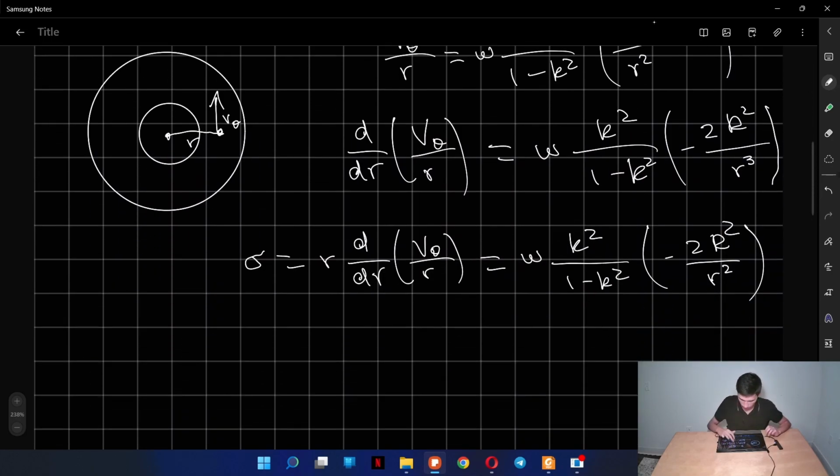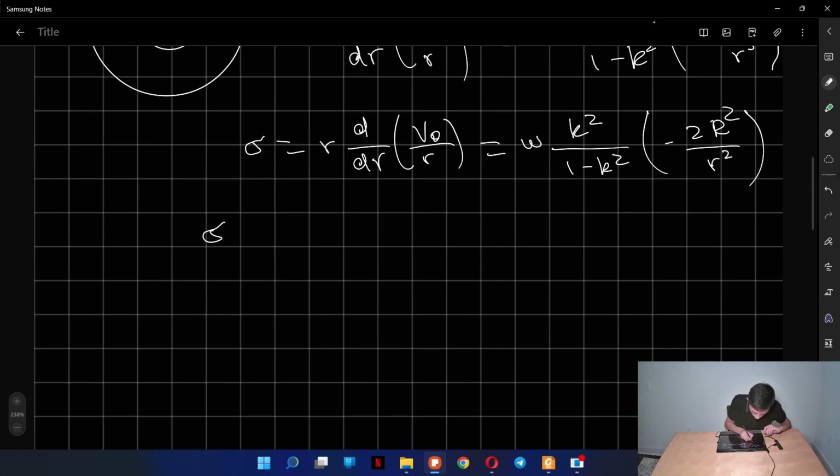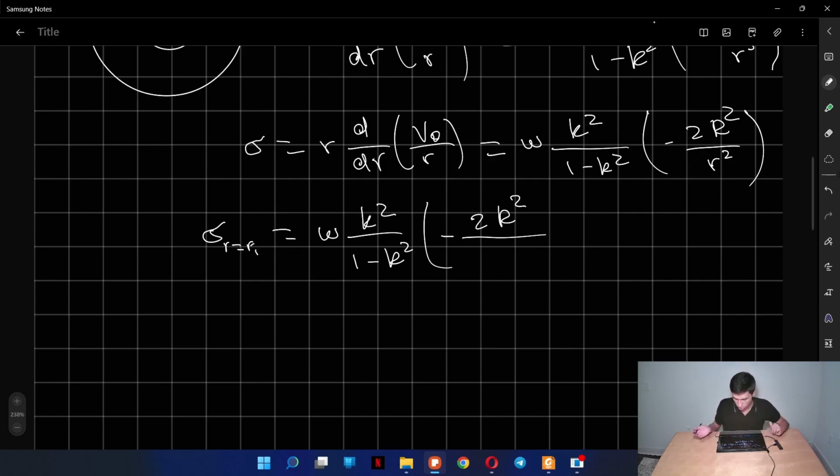When we find the shear rate at the inner radius, it is omega k squared over 1 minus k squared times minus 2 R squared, the outer radius squared, over the inner radius squared, which is k squared R squared.